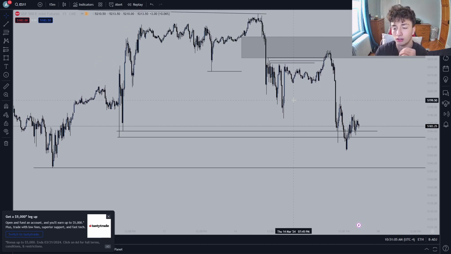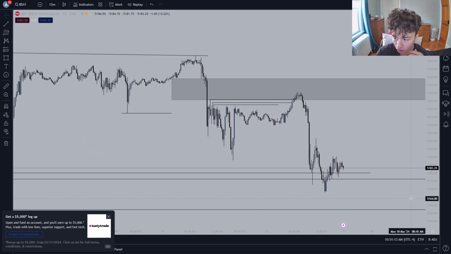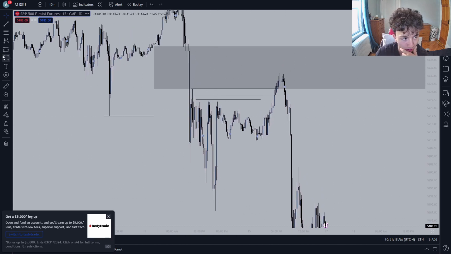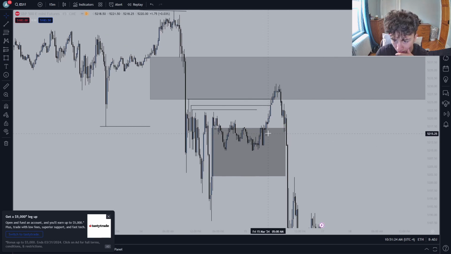Now, if you're on the wrong side of the market, then you're just going to completely get stopped out on every fair value gap you use. Fair value gaps are only respected when you're on the right side of the market. For example, you wanted to take a long here, you're on the right side of the market, you could have used this fair value gap. As you can see, it taps in, and respects and overall takes out these draws on liquidity. Now that could have been your move.